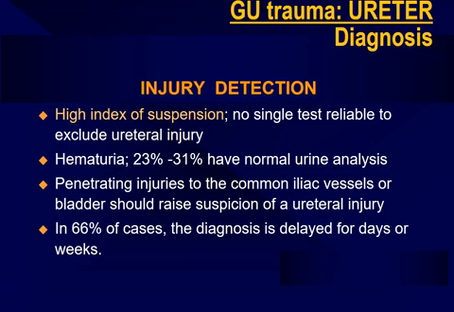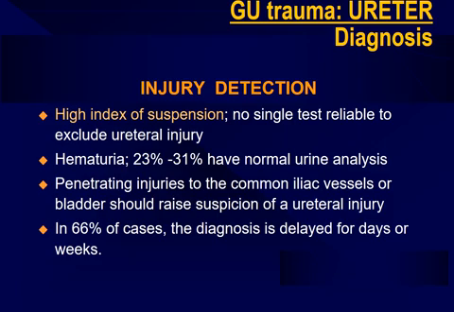How can we detect ureteral injury? By high index of suspicion, taking a detailed history, knowing what happened during the last few days for a patient who underwent surgery, any type of surgery close to the ureter, or finding any type of hematuria, microscopic or macroscopic hematuria, knowing about any kind of penetrating injury to the common iliac vessel or the bladder.